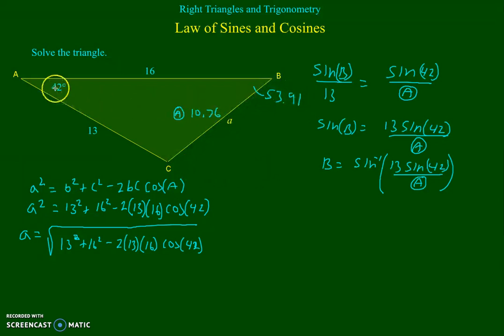Now it's an easy process to find our missing angle, so let's type it in, and we get 84.1 degrees. Let's work another example in the next part.